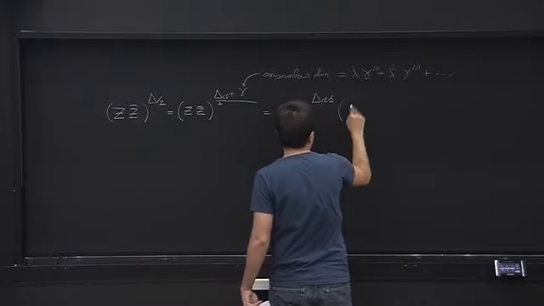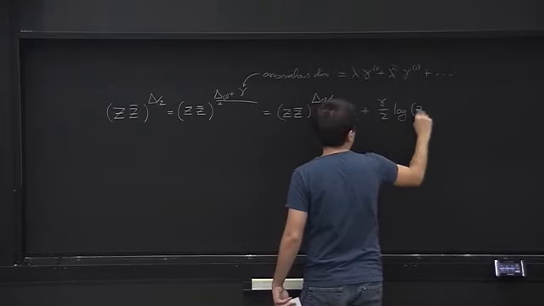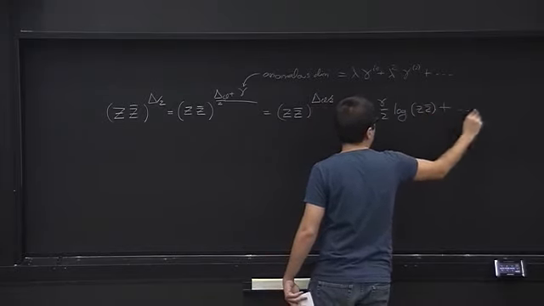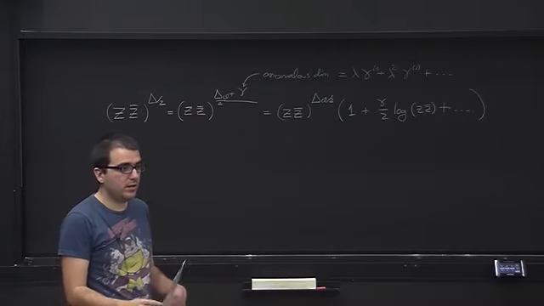And then you get 1 plus gamma over 2 log z bar plus and so on. Okay?